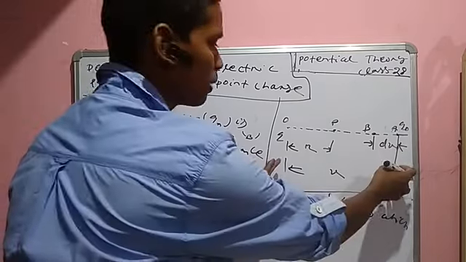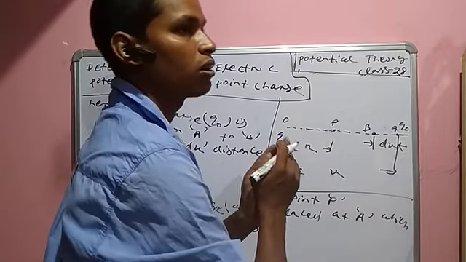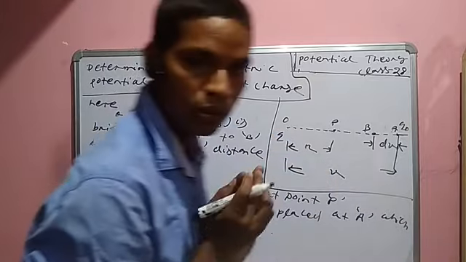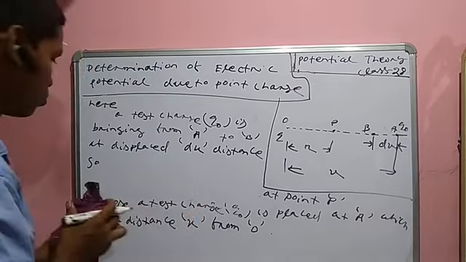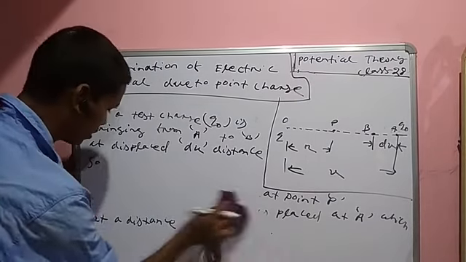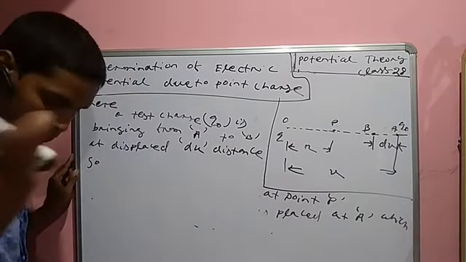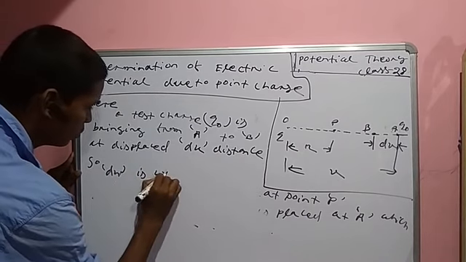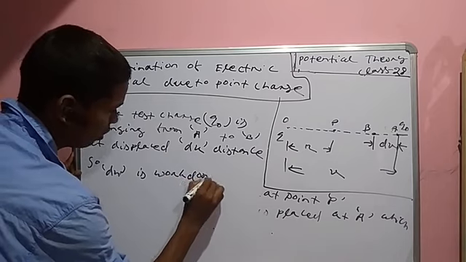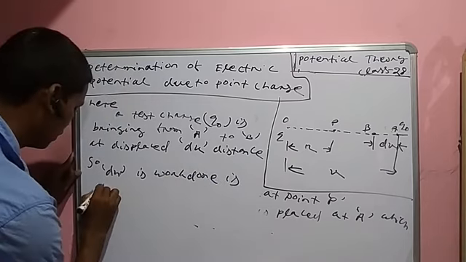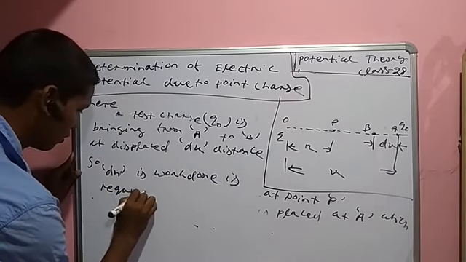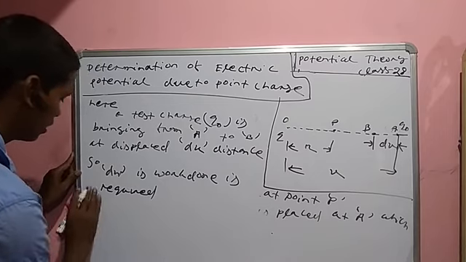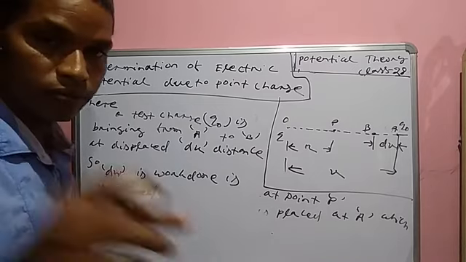If for x distance we require work W, then for dx we require dW work done. So dW is the work done required.